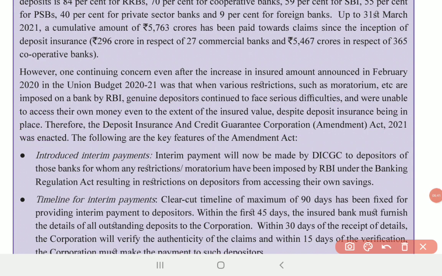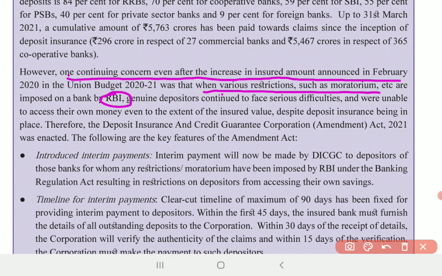So there is a concern in the entire process. Even after the increase in insured amount, the RBI under the Banking Regulation Act puts some restrictions such as moratoriums on withdrawals.